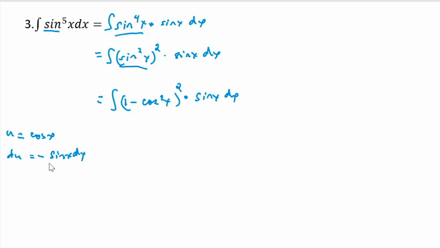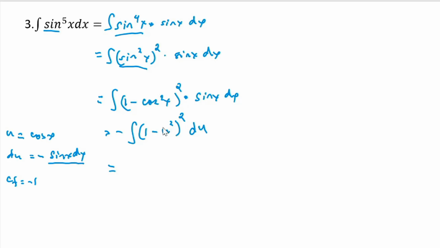Since the visible du there is only sine x dx, we have a coefficient factor of negative 1. So I will write now negative the integral of 1 minus u squared, the quantity raised to the power of 2, then the sine x dx can be written as du.